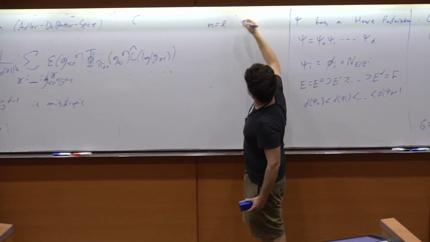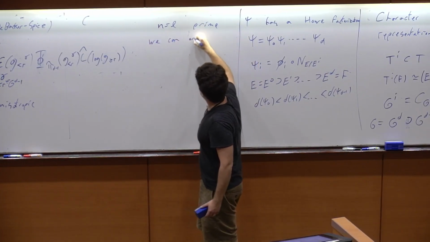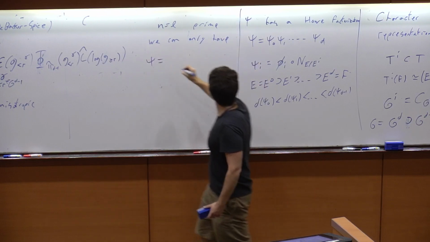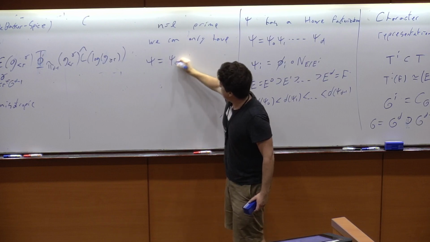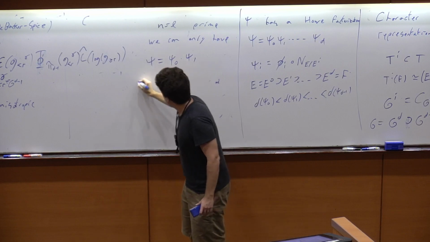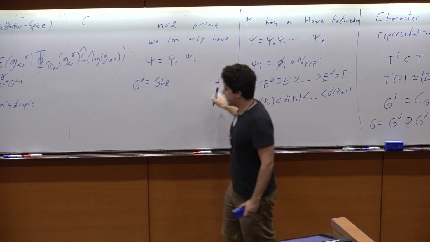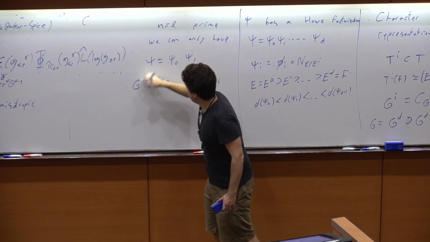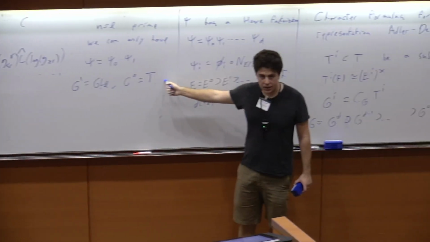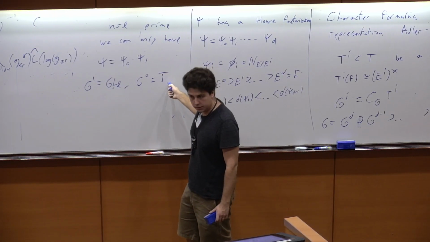If we have n equal to l prime, we can only have that your Howe factorization has two terms, psi_0 times psi_1, where the group G_d is just equal to GL_l itself at G1, and G0 is just the torus, which, since it's elliptic, is indeed compact mod center, which is what we need.